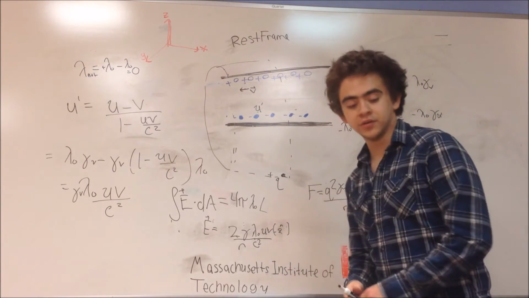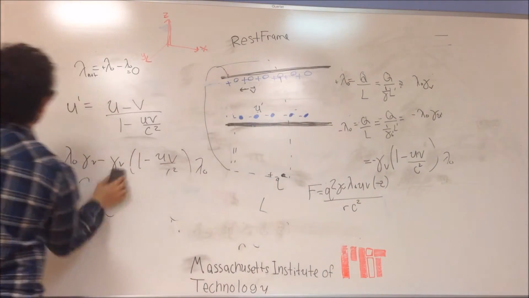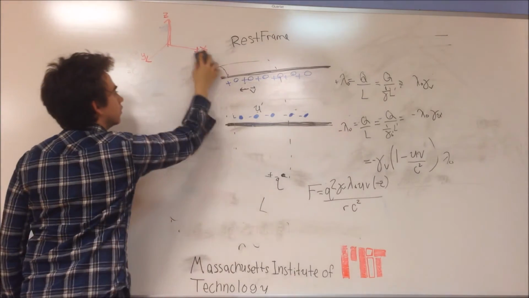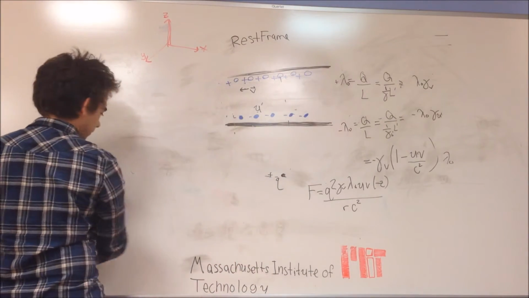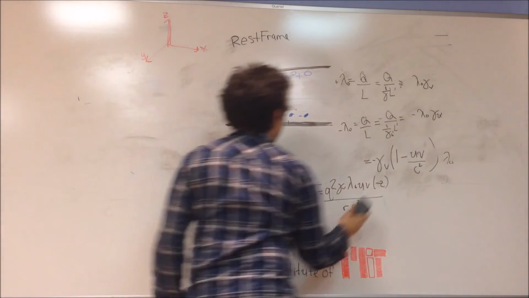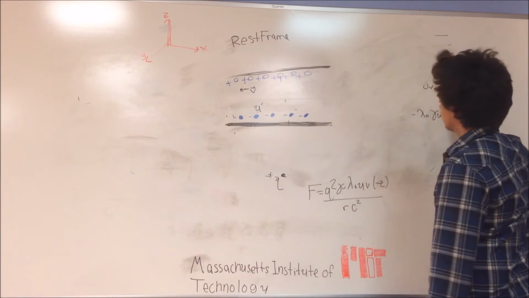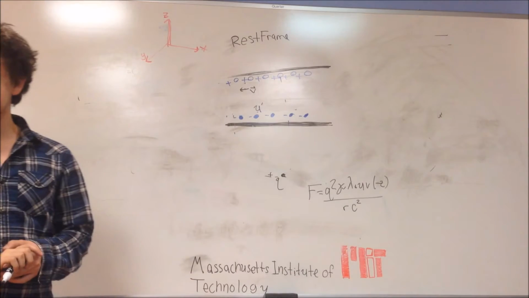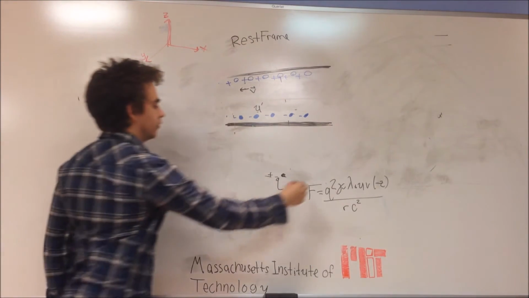The E field we got previously from the lab frame, erasing all this. Using our other frame of reference, using our first frame of reference, we got that there was a force on this particle.